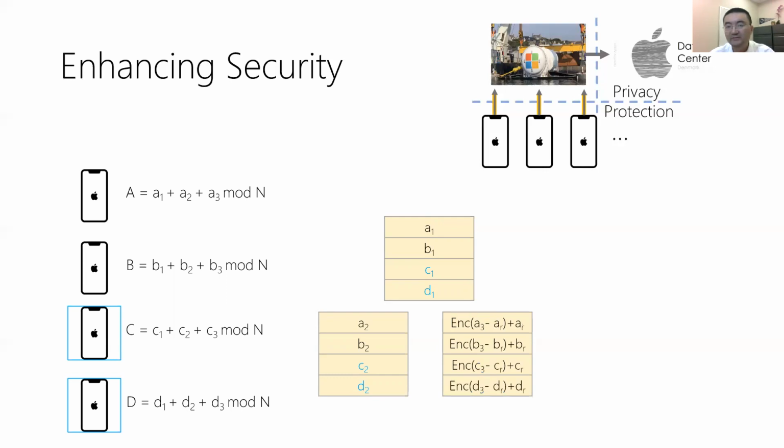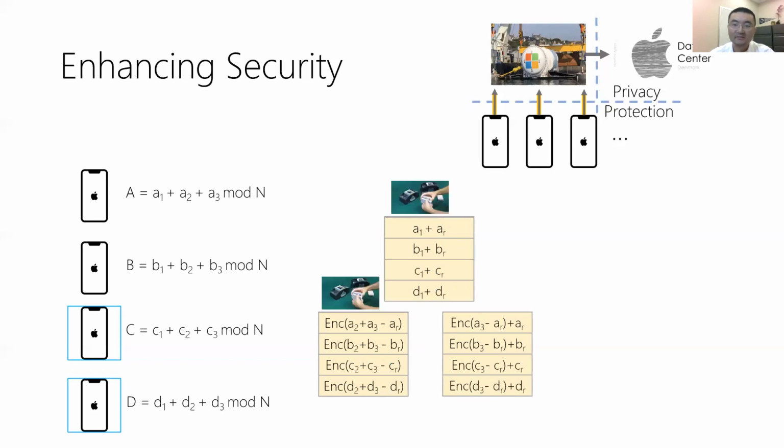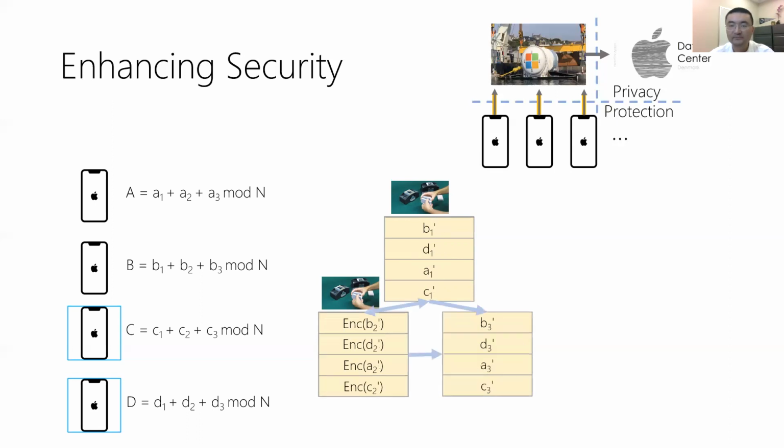Now, one shuffler further splits its shares and sends the shares to the rest of the shufflers. The two shufflers receive the shares, add them up to the original shares, and use the same order to shuffle their shares. Then the two shufflers further split their shares and send some shares back to the first shuffler.